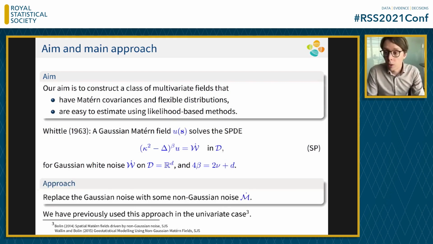And simply put, the approach is that we will just replace the Gaussian driving noise with some non-Gaussian noise.